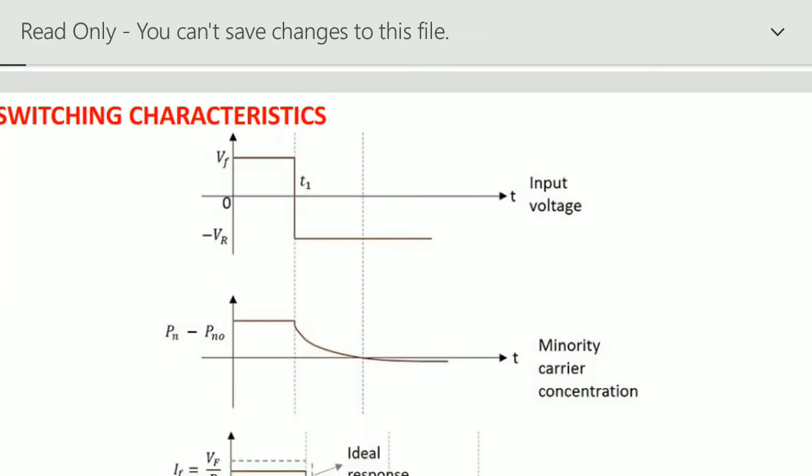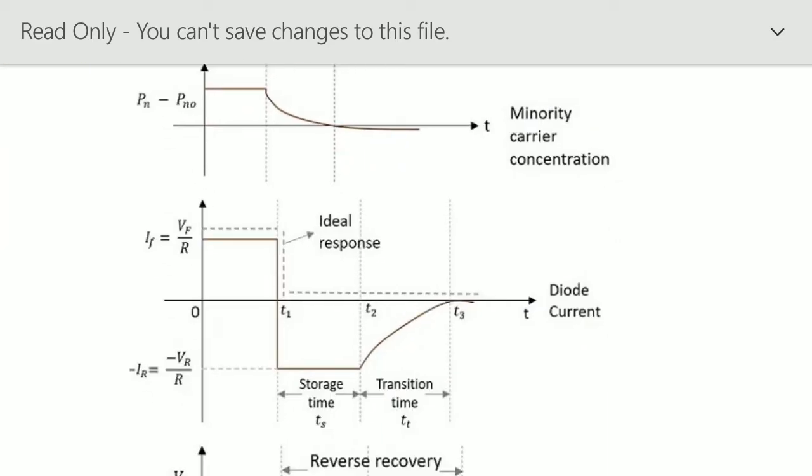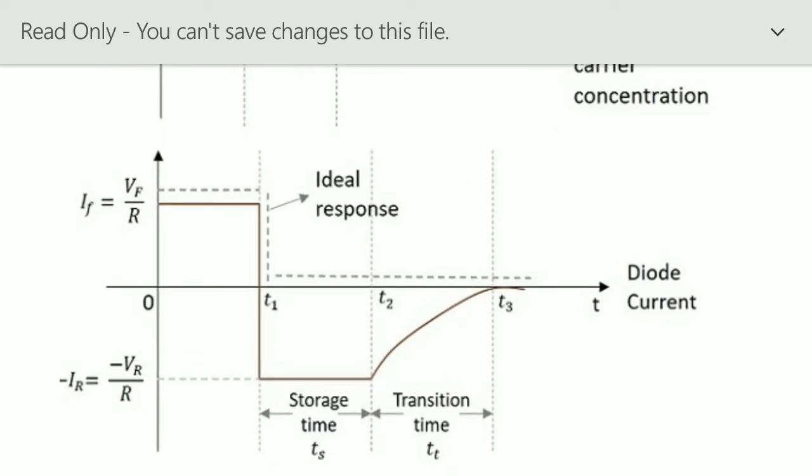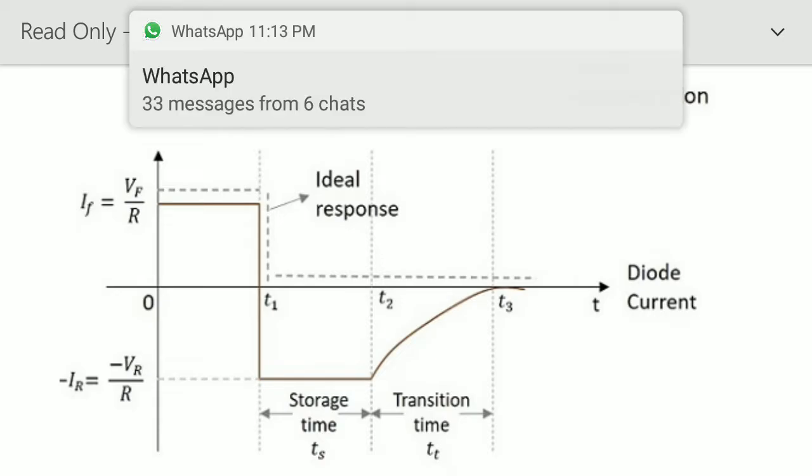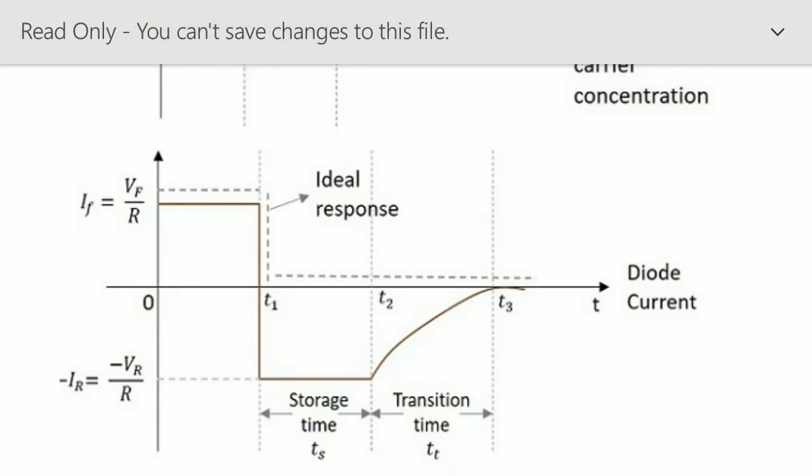In the third diagram, after the storage time the diode normally recovers to the steady state value. So this time from T2 to T3 is your transition time. The dotted line shows the ideal response, whereas practically you have some storage time and transition time.